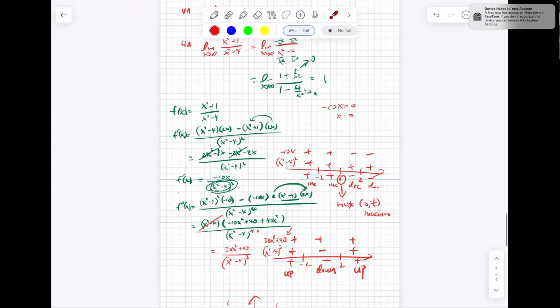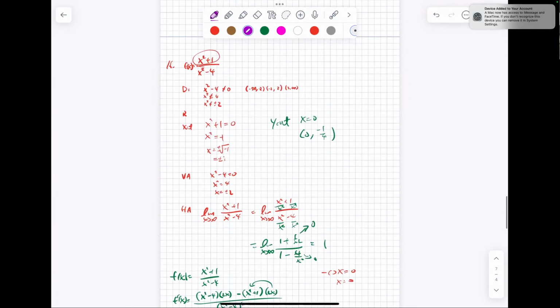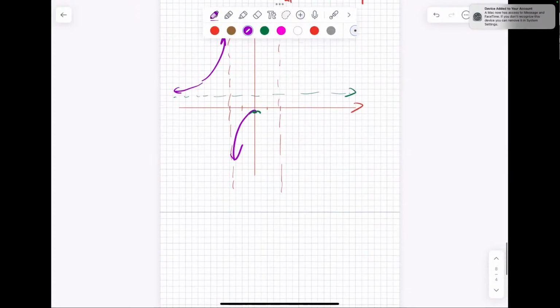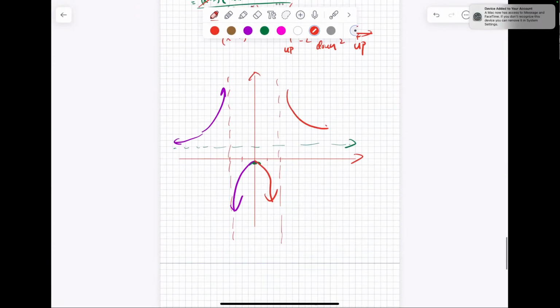Now, one more thing I want to go back and redo is the symmetry. If I plug in negative x, I get negative x squared plus 1 over negative x squared minus 4, which equals x squared plus 1 over x squared minus 4. Go back to the original function. Guess what? The original function has symmetry to the y-axis. And then you finish graphing.